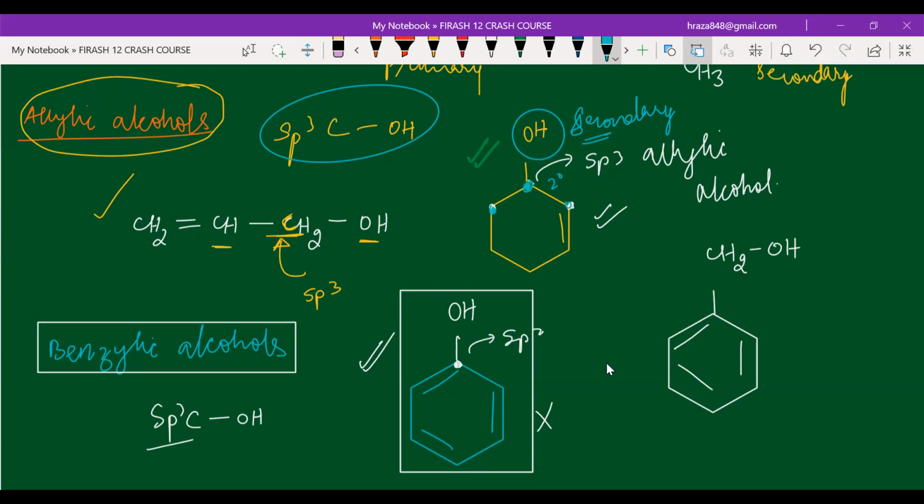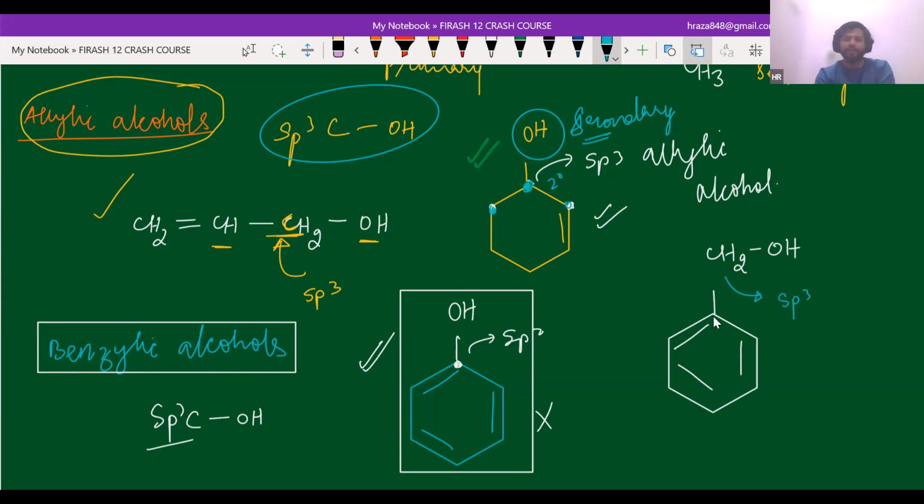Can you tell me whether this is benzylic alcohol or not? Yes, this is benzylic. What you need to check is first the hybridization of the carbon to which OH is connected, and then the adjacent carbon to this carbon, which should be doubly bonded. So it is benzylic alcohol.